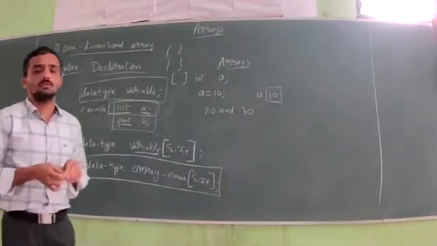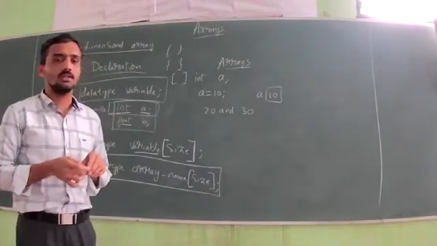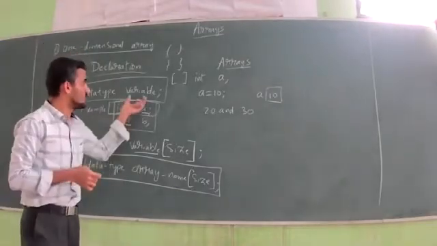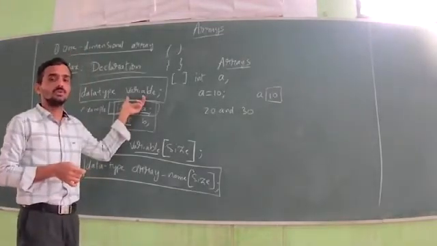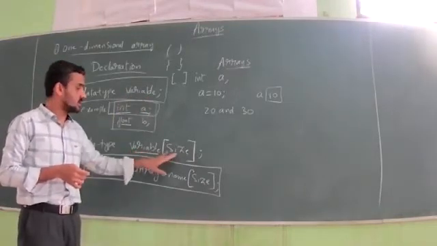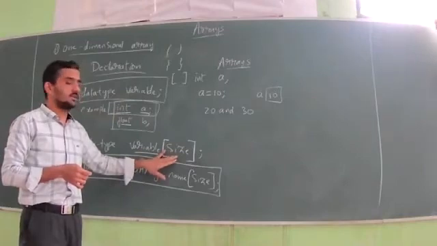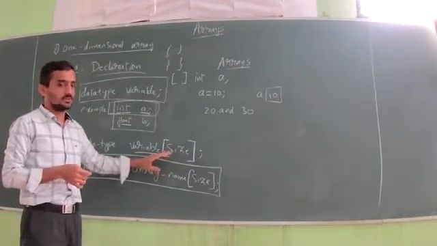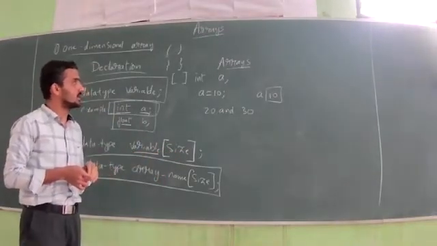Understood? Any doubts till here? When you use the declaration of a variable and want to store more values, it is not possible. So you have to follow the syntax where you mention the size, so that we come to know how many values we are trying to store.